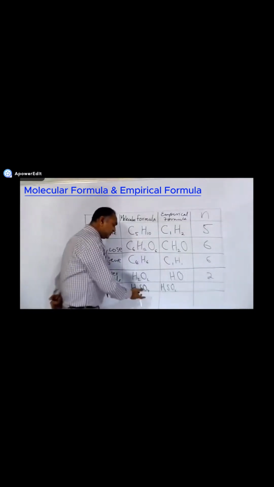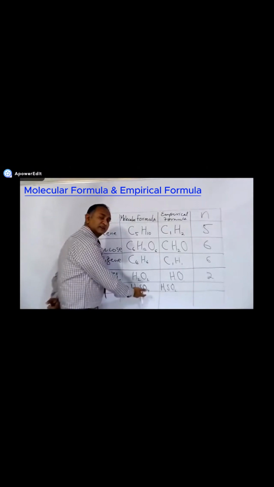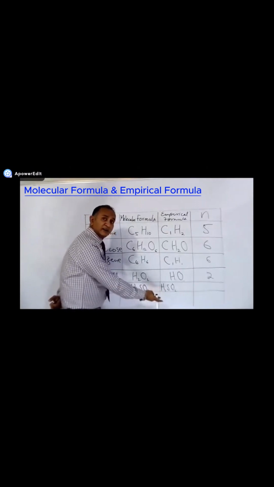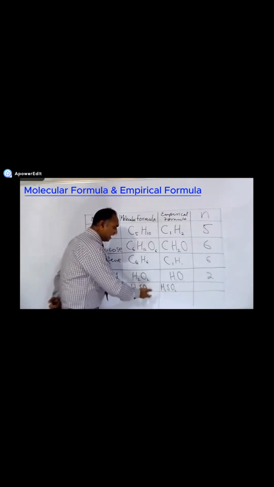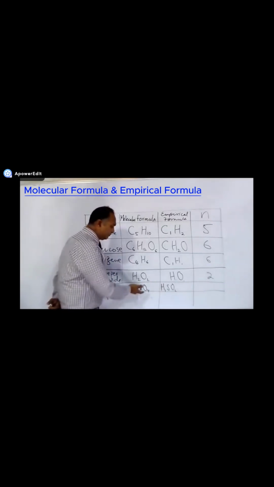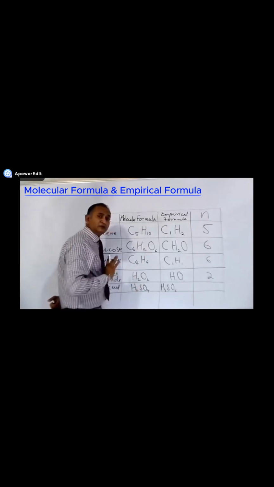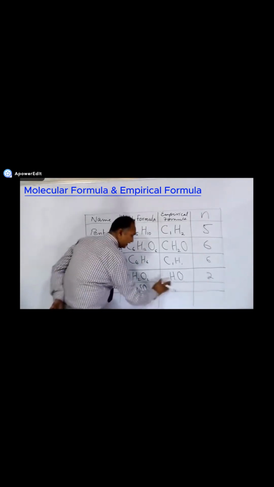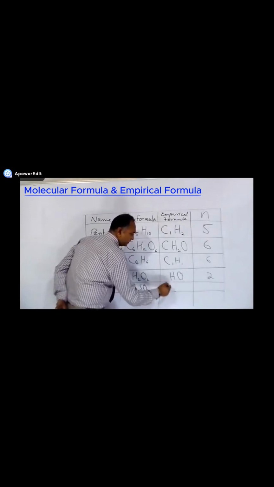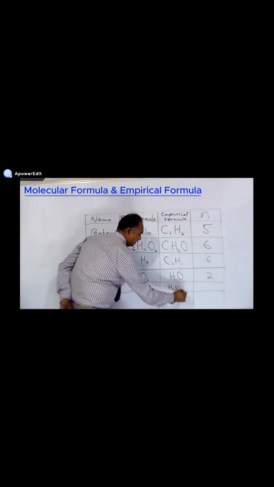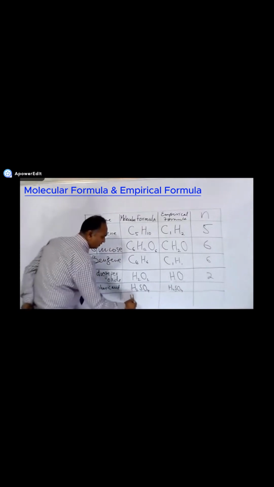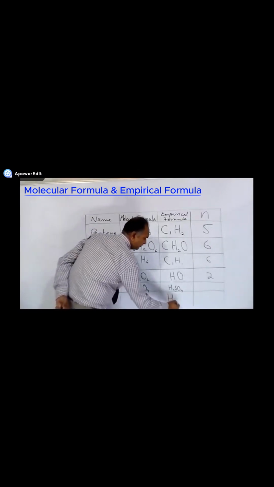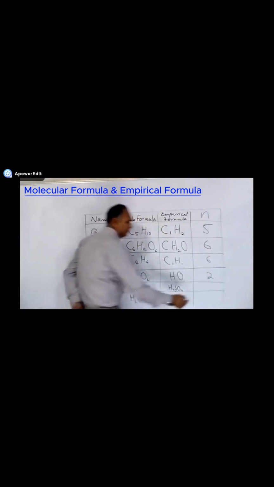Because we can't simplify S; there is no number over here. It means we did it incorrectly. You have to simplify all of these atoms. You can't leave one without simplification. So what will be its formula? Same, H2SO4. Water: H2O. Simplification is not possible, so H2O is the molecular formula, the same.